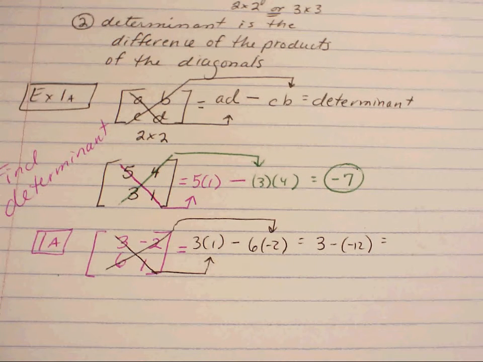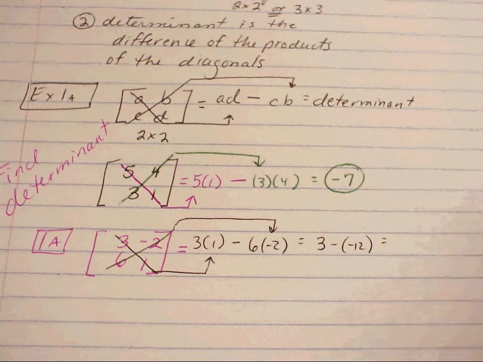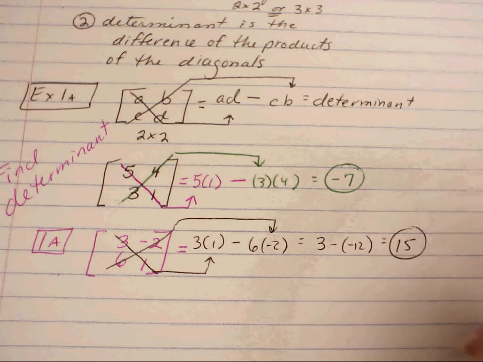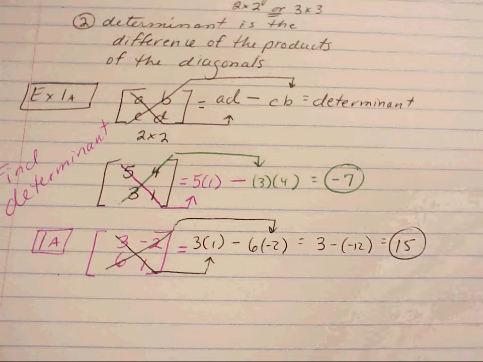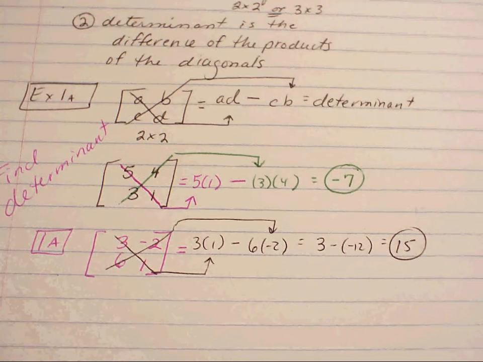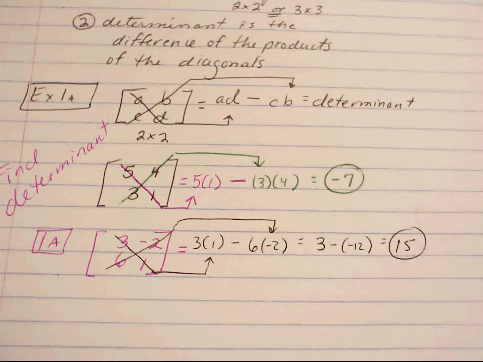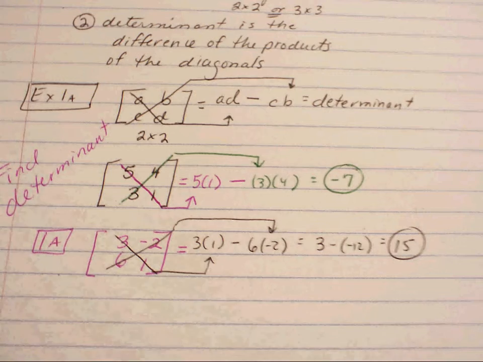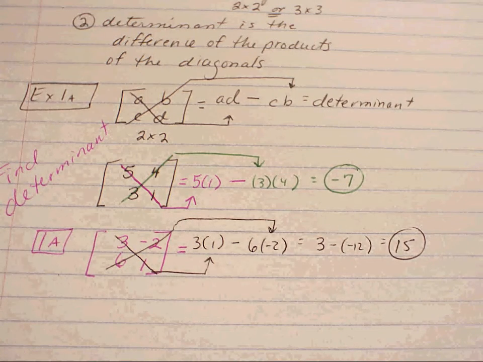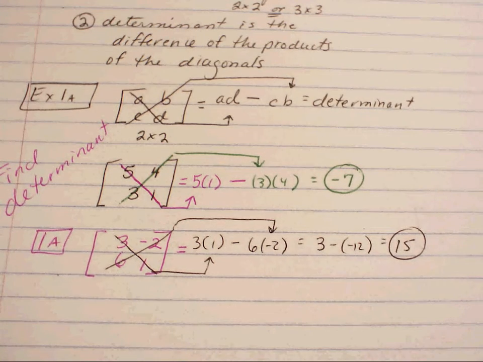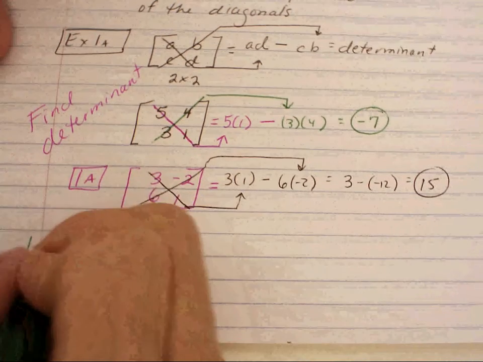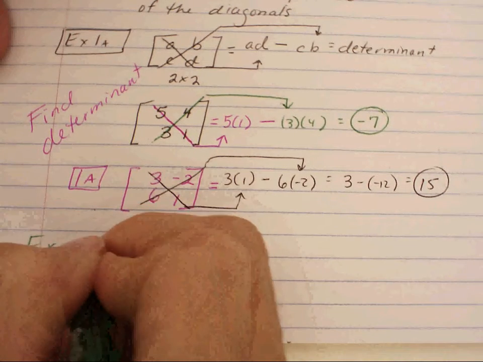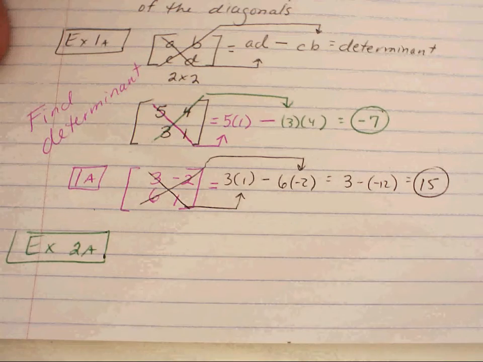And so what is 3 minus negative 12? Thank you all. That's so gross. I'm sorry. All right, so 15. And did a bunch of people get that right? Good, good. So we can find determinants of 2 by 2s. Do we feel good about that? Good.